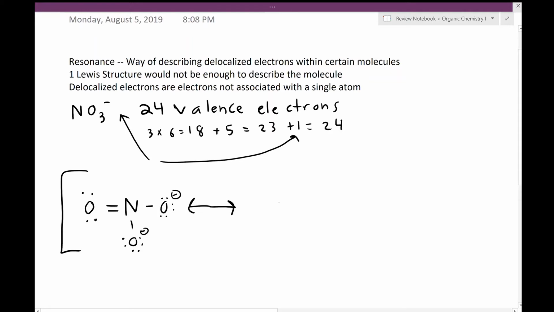But we can also have our double bond on our middle oxygen, or we can have it on the rightmost oxygen.